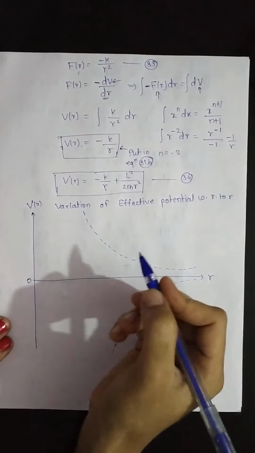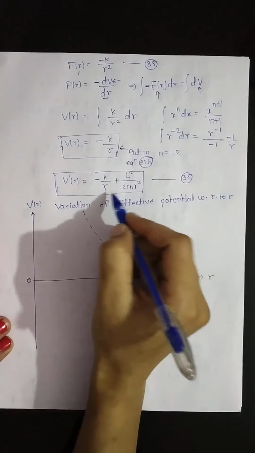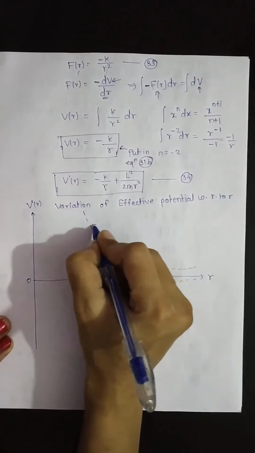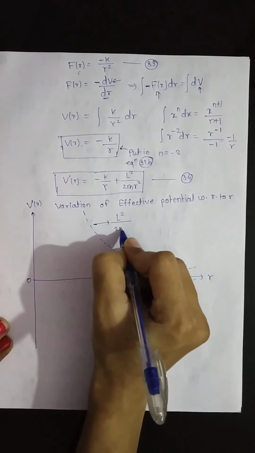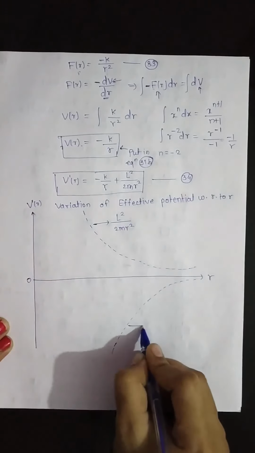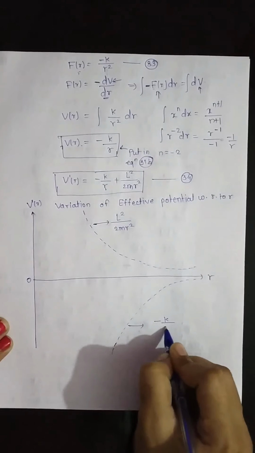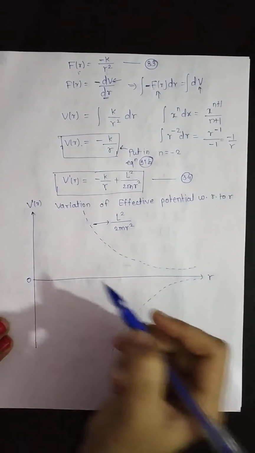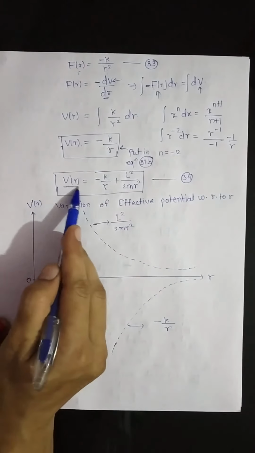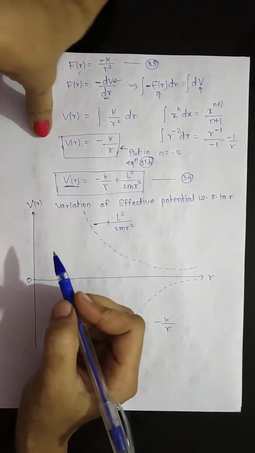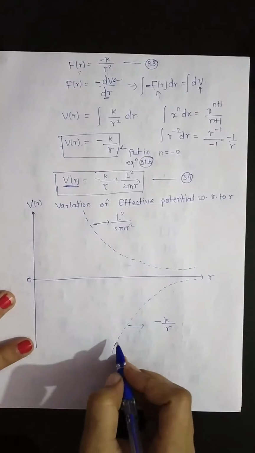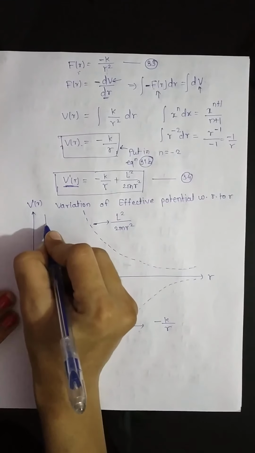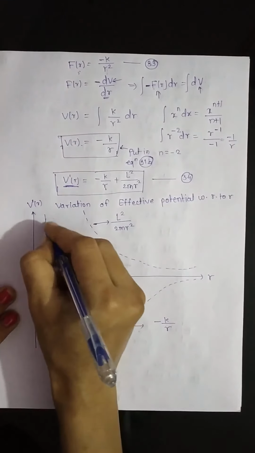Now since V'(r) is the addition of these two, by adding these two terms, this dotted line represents L square upon twice m r square, and this represents minus k by r, and the addition of these two will give us the effective potential. So that addition will have this nature.